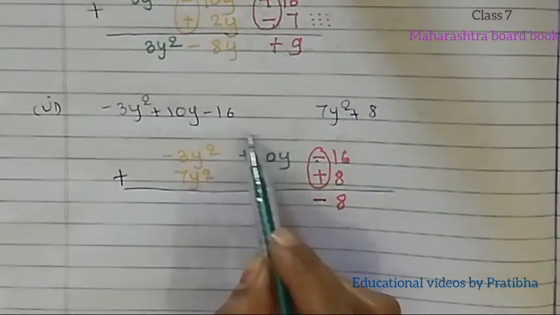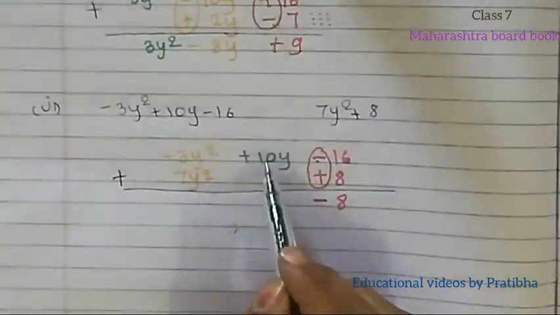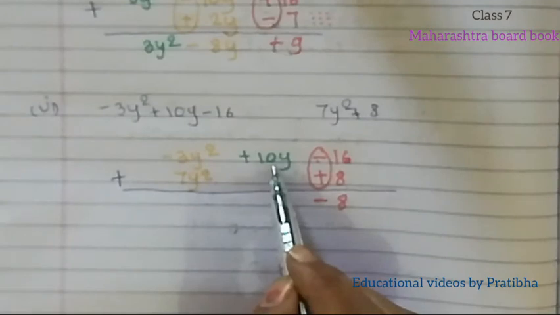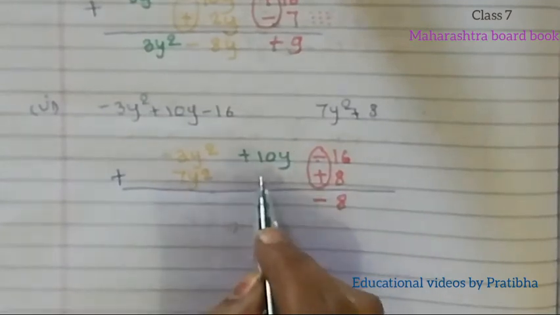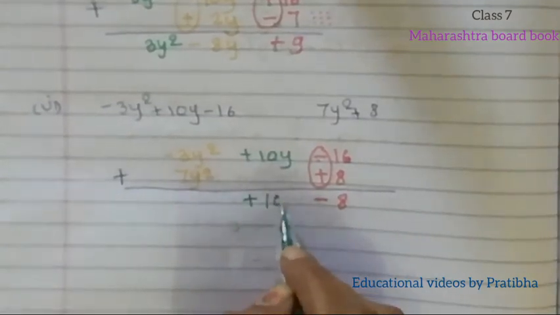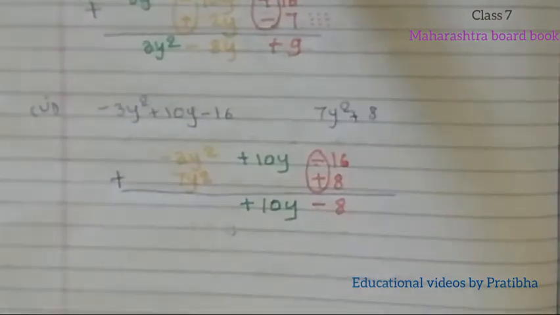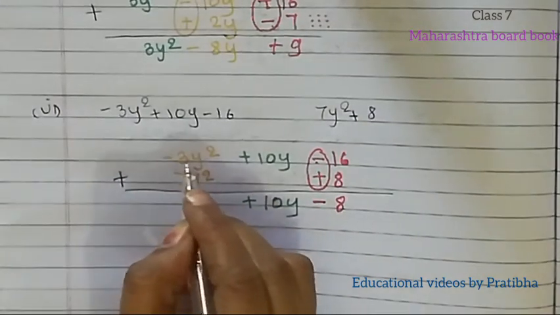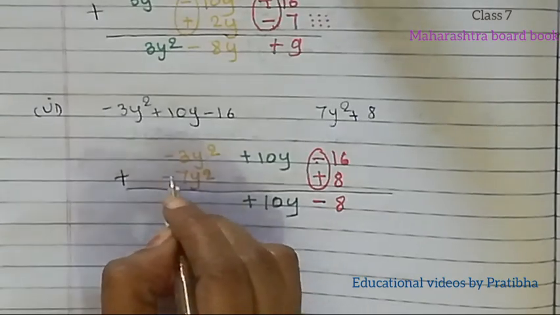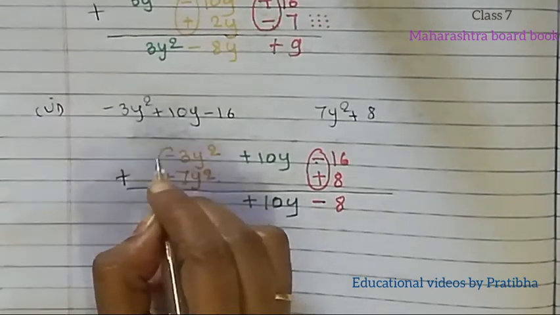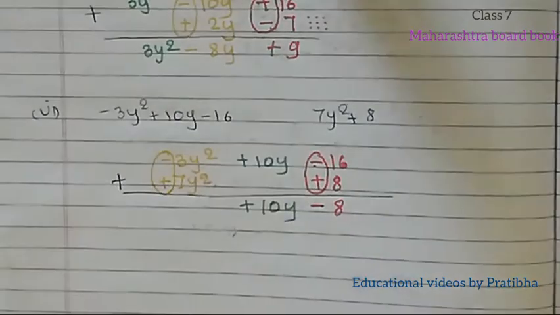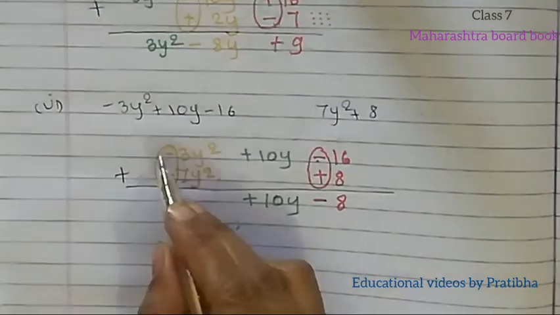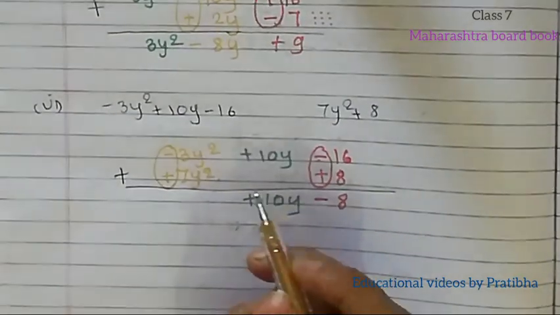Now let's come to the middle term. In the middle term we are having only one term, we don't have a pair of like terms, so we are just going to copy it as it is. And now we are going to work on our first pair of like terms, that is minus 3y square and plus 7y square. Again here the symbols are unequal, so we have to do subtraction.